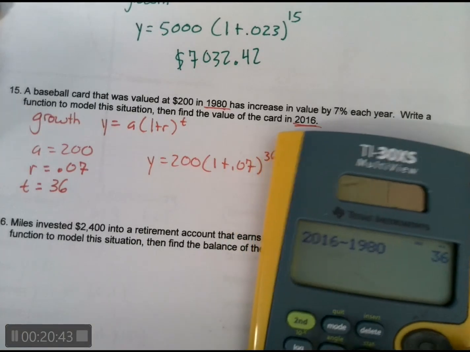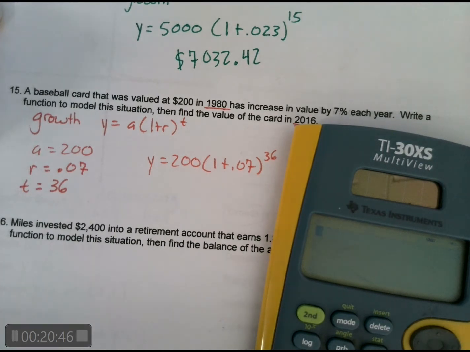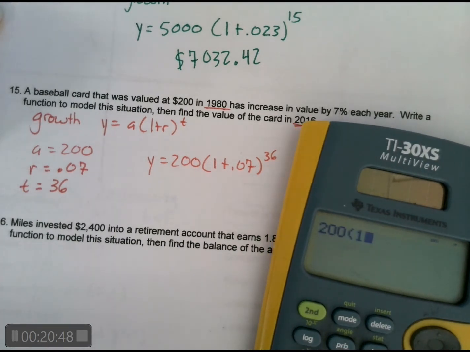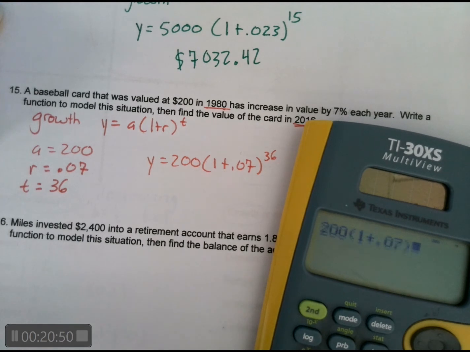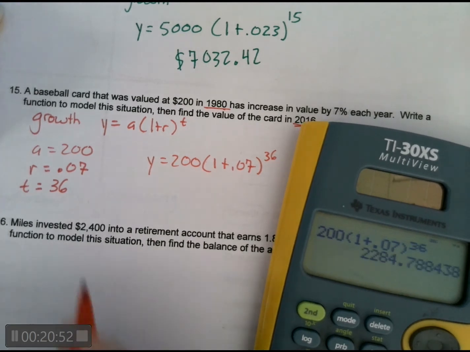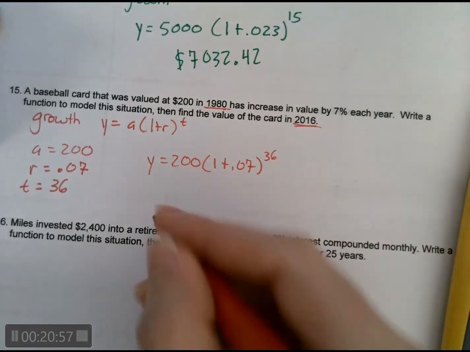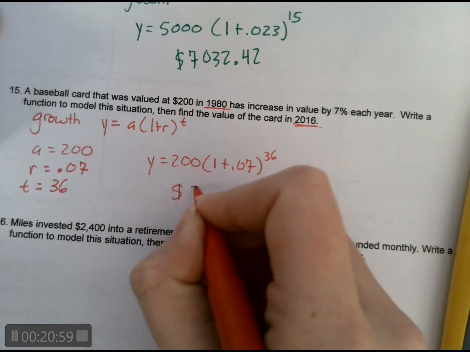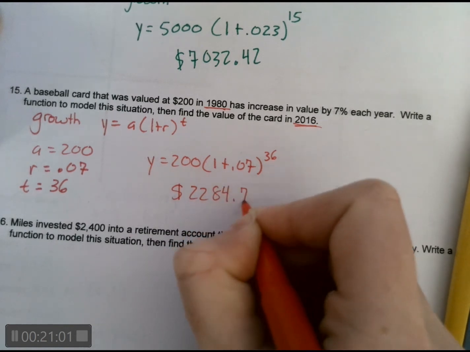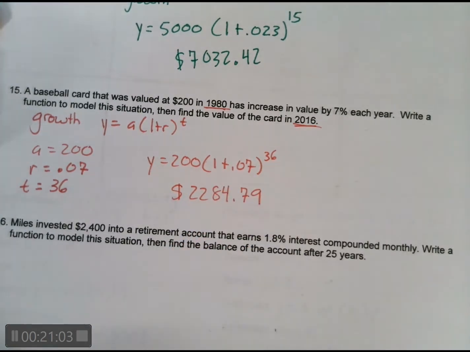And then we're going to use our calculator to get $2,284.79. Good.